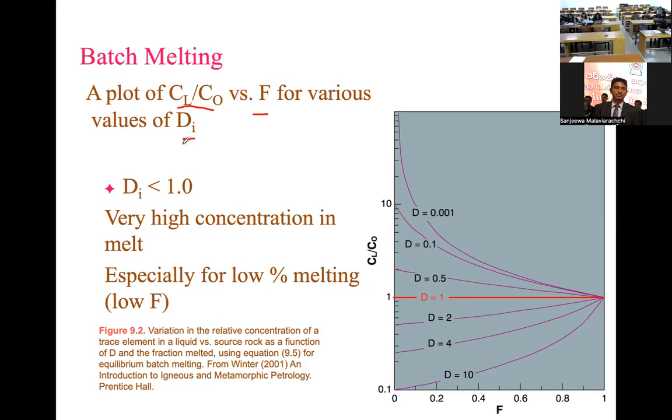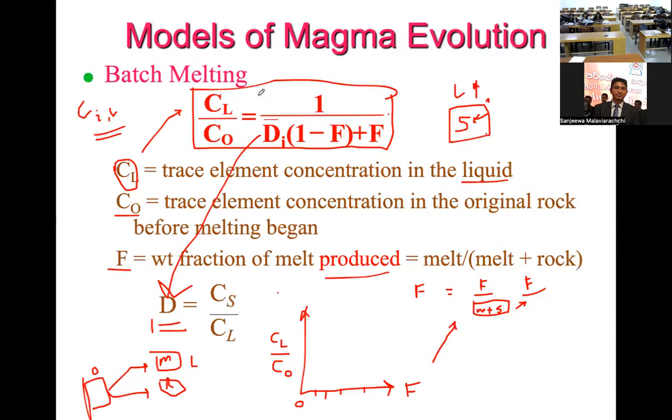In this case, we are assuming D is changing, just to see their variation only, okay? Remember D is the partition coefficient. Partition coefficient means the concentration of that element in the solid divided by the concentration of that element in the liquid.